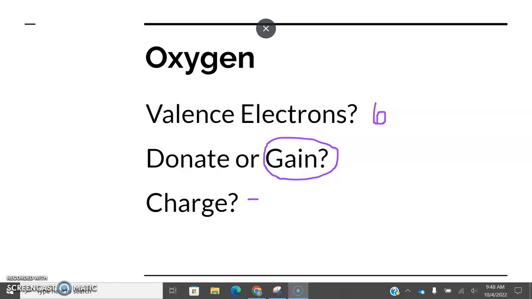Because we have 6 valence electrons. We want to get to 8, so we're going to take on 2 electrons. So the charge is -2. So for these nonmetals, when they're gaining electrons, if you want to figure out what the charge is, just remember it's 8 minus the valence electrons because we're trying to get to 8. Okay? So that would be oxygen.